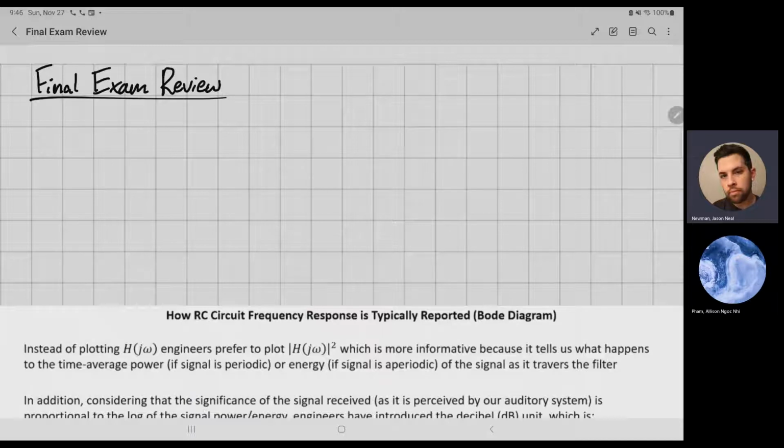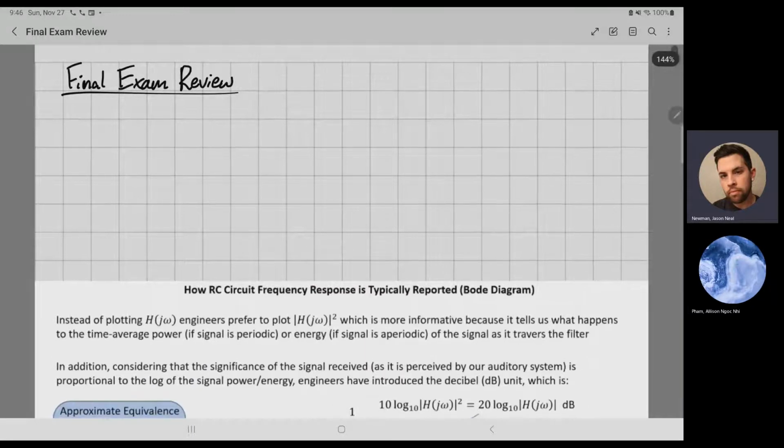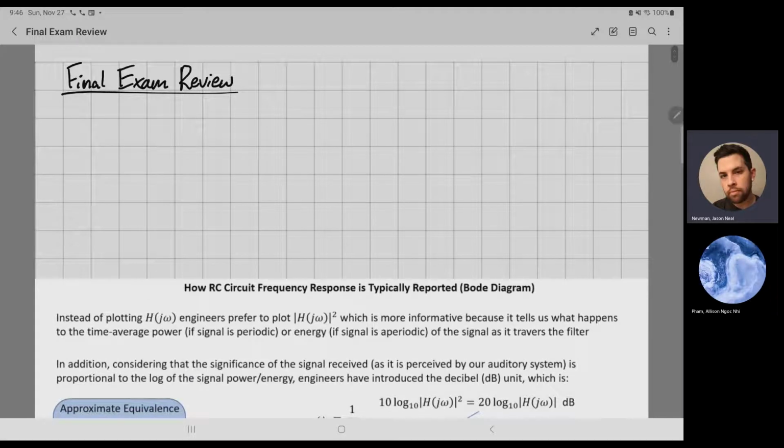They have a lot of useful information in them, but I don't want to bore you with just going through slides. So I'm going to try to go through some stuff that I think is important for your future, and stuff that I think is important for you to know, and maybe try to work out a few example problems towards the end.